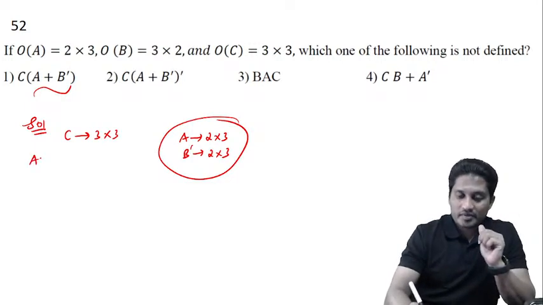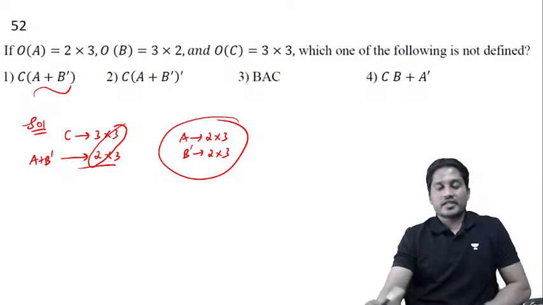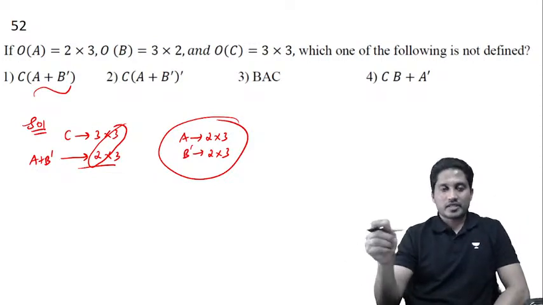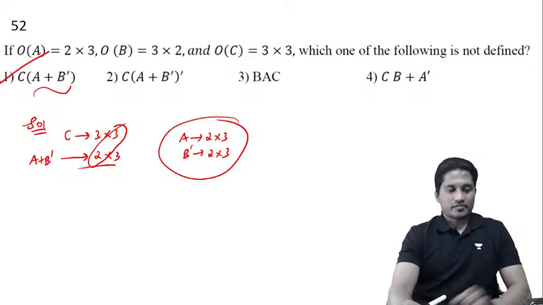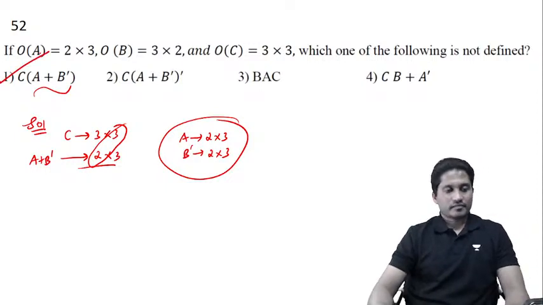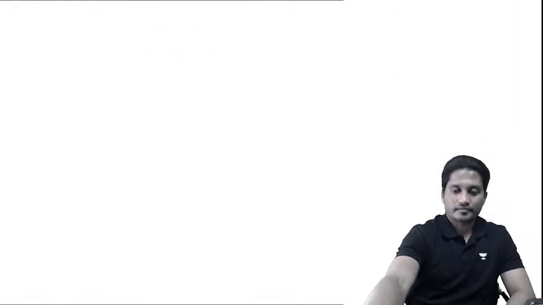So A plus B dash is also a matrix of order 2 by 3 only. But now you can't multiply this. You can multiply only when the number of columns of the first is the same as the number of rows of the second. You can't multiply, so this 52 doesn't exist. Is that clear, guys? So 52 doesn't exist.